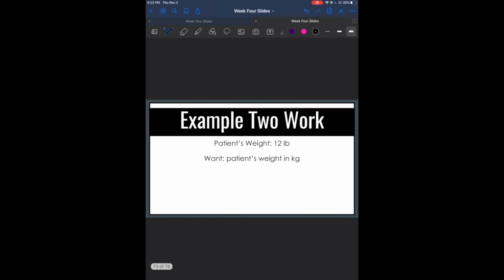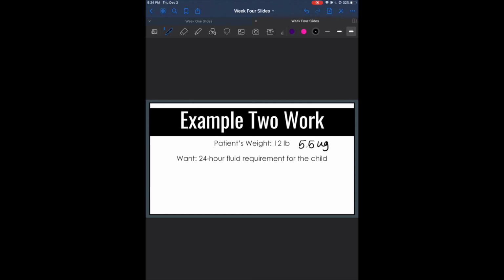So remember, we want their rounded weight for this because our table is based off of rounded weight. So our patient is going to weigh 5.5 kilograms. So let's write this here.